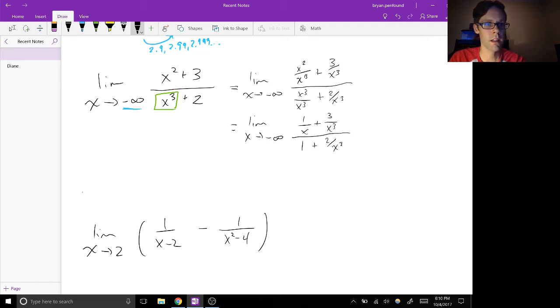And now we should be in a good spot to consider what's happening as we get really, really big and negative. As x gets really, really big and negative, anything that has an x in the denominator is going to tend towards 0. So all of these in blue are going to tend towards 0. So we're going to be left with 0 over 1, which is 0.